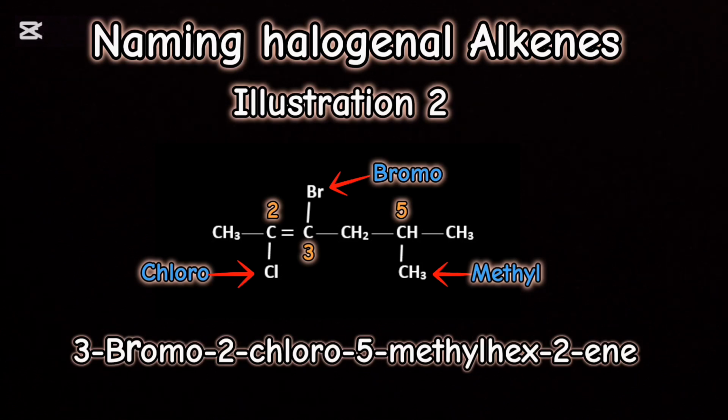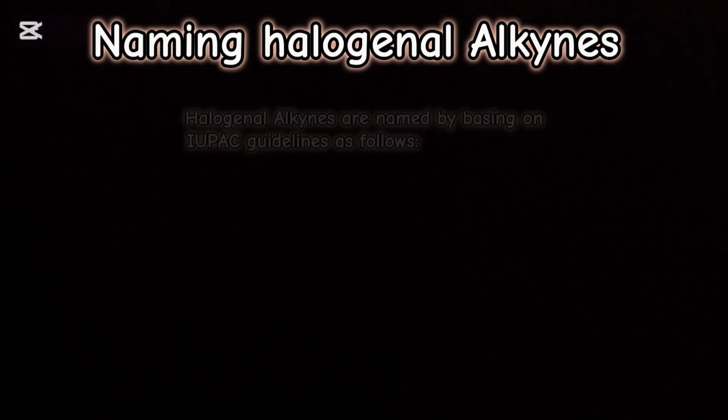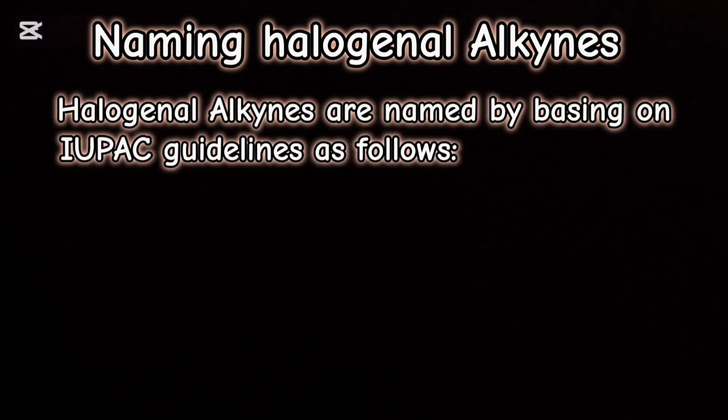At this point, I welcome you to the third and last part of our topic, which is nomenclature of halogeno-substituted alkynes. In order to name halogeno-substituted alkynes, we shall follow guidelines from IUPAC as follows.